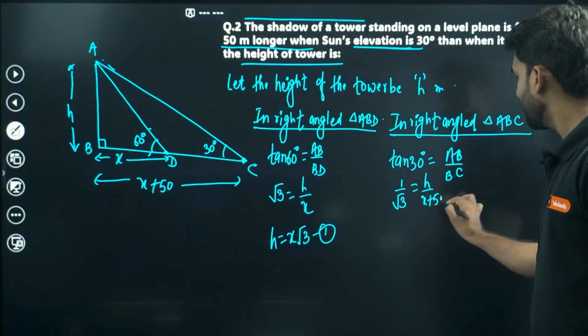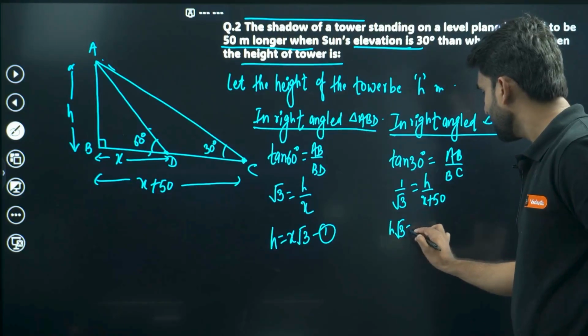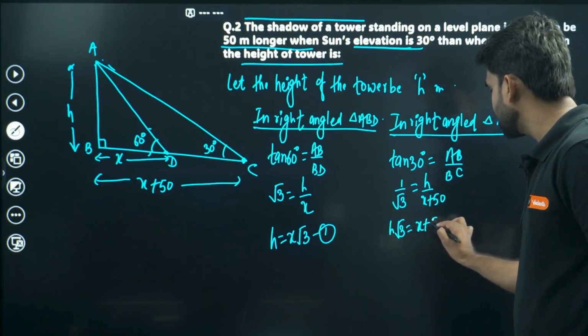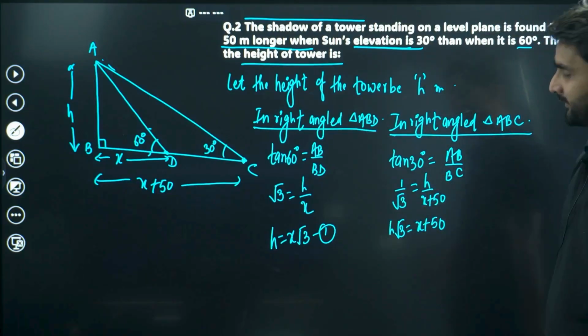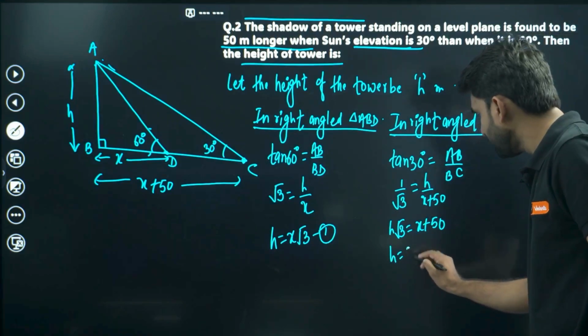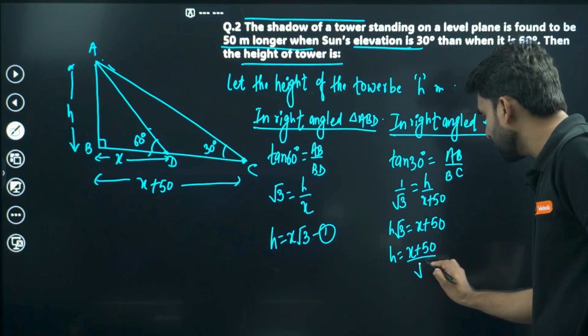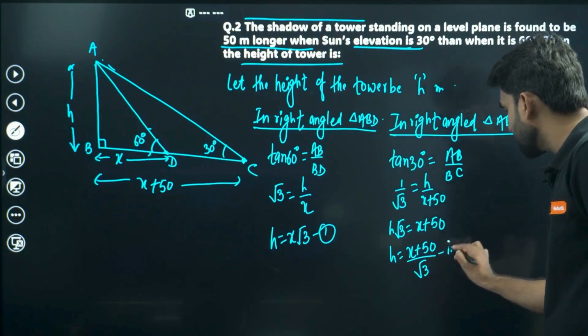Now cross multiply. So h √3 will be equal to x plus 50. So here h will be x plus 50 divided by √3, and I'm calling it equation number 2.